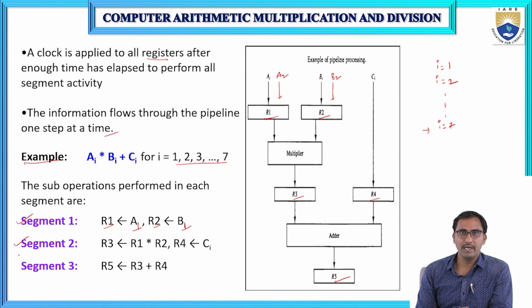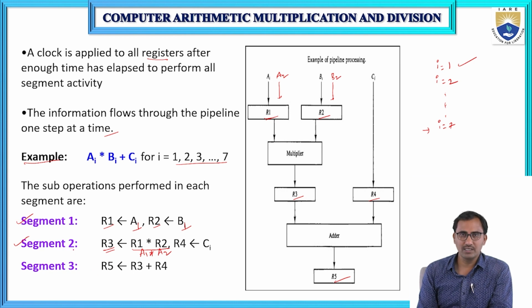During segment 2, the multiplication operation takes place. R1 is multiplied with R2. When i is equal to 1, A1 is loaded into R1 and B1 is loaded into R2, so R1 multiplied with R2 means A1 multiplied with B1. That result will be stored in the R3 register.